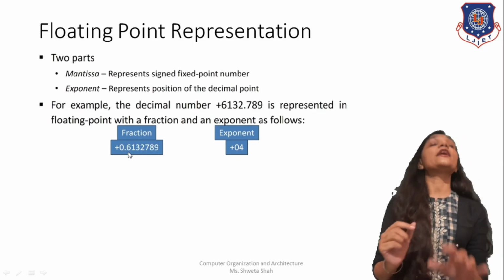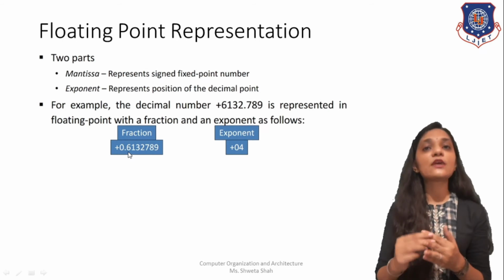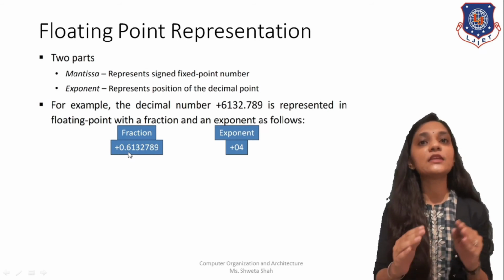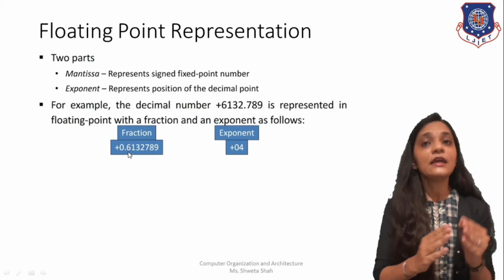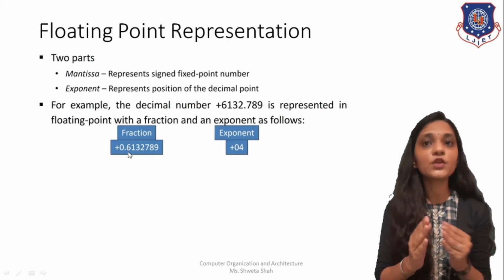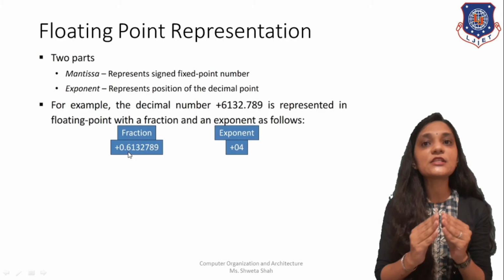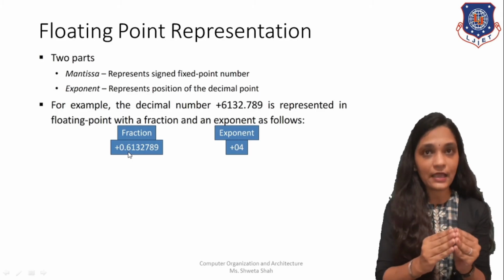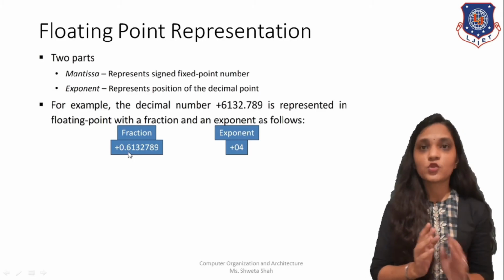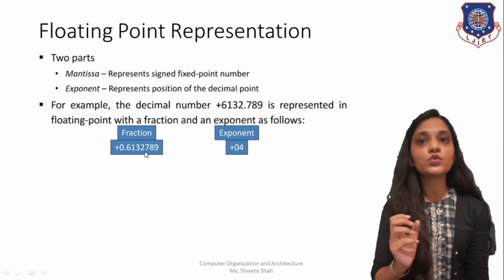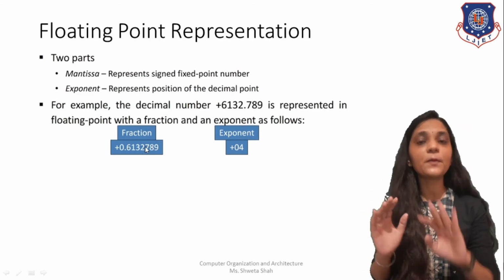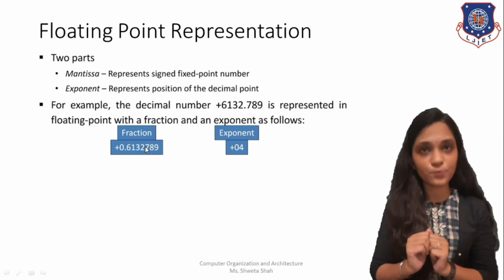So our actual representation of 6132.789 in terms of fraction and exponent will be 0.6132789 times 10 raised to 4. Here 0.6132789 is our fractional part and 4 is our exponent part.